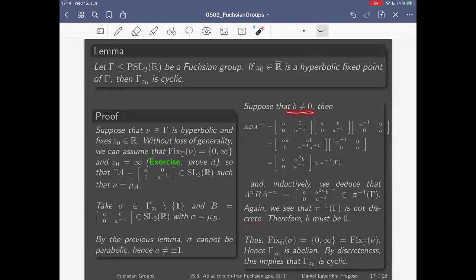And so that happens when B is not equal to 0. So we conclude that B has to be 0.